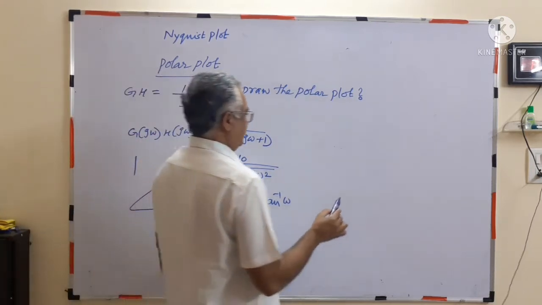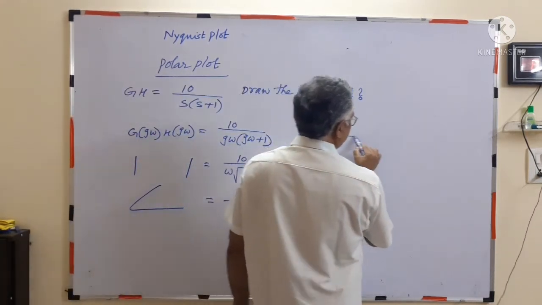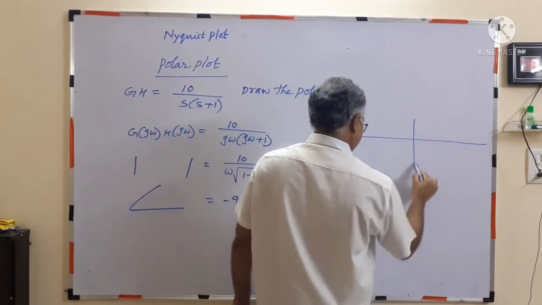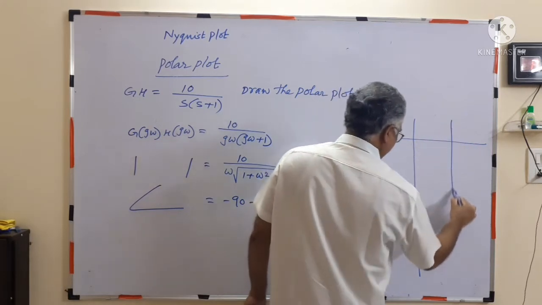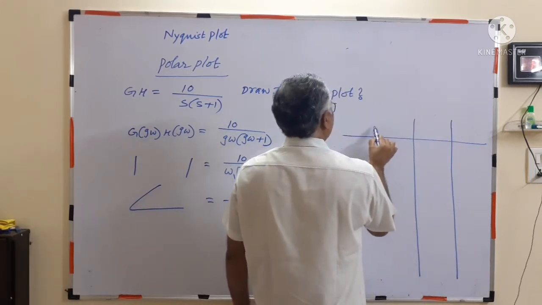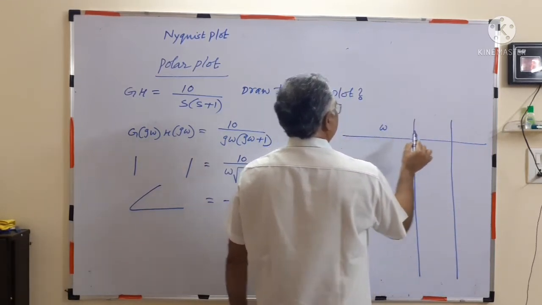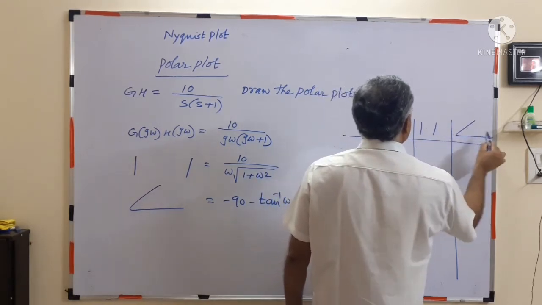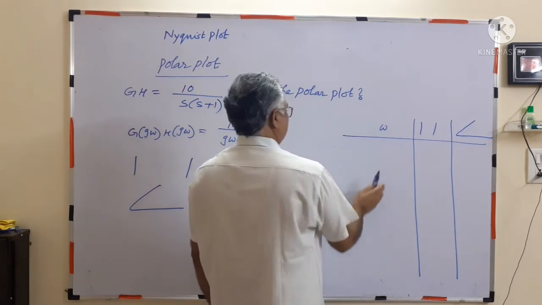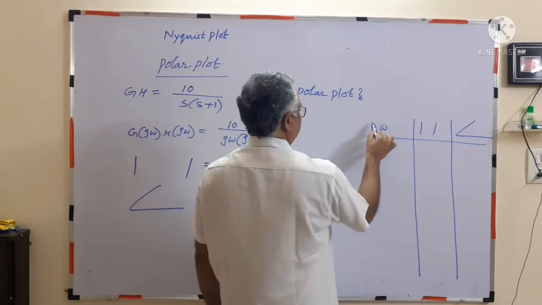Now prepare a table. One column is frequency omega, then magnitude, and angle.